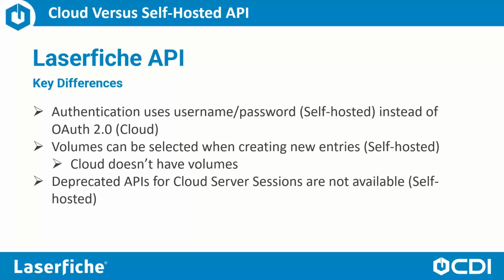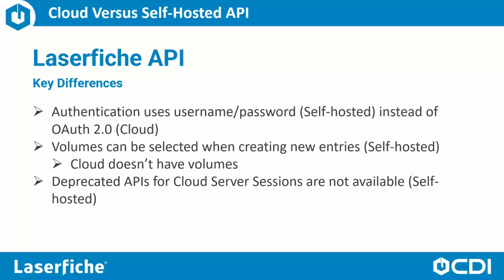Within a self-hosted environment, you need to authenticate with the API using a username and password instead of OAuth, like cloud requires. Volumes can be selected when creating new entries in a self-hosted environment, but they can't in cloud.